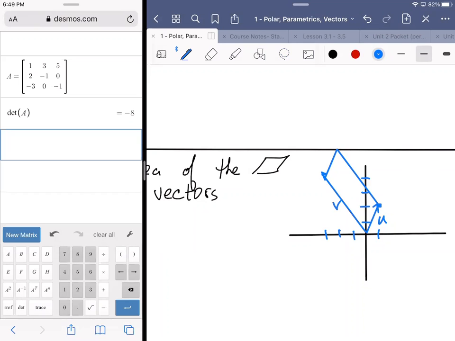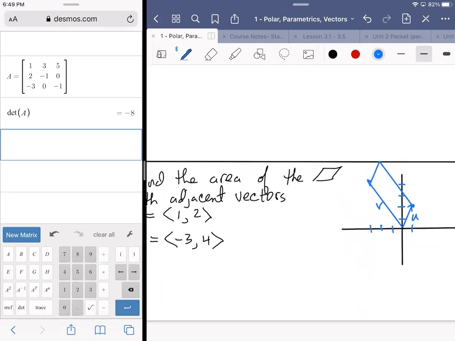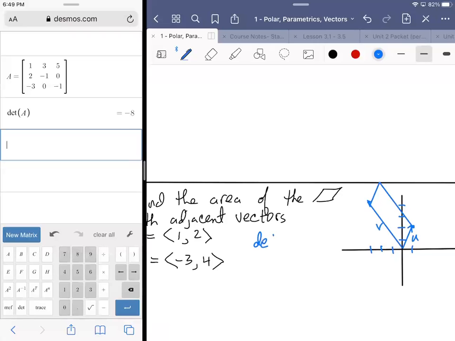But let's find the determinant. All right, so I'll use techie notation for determinant. So determinant of U and V. All right, so that would be in the form of 1, 2. I'm putting them in as row vectors just for consistency with the cross product technique, because I don't want to confuse people too much.